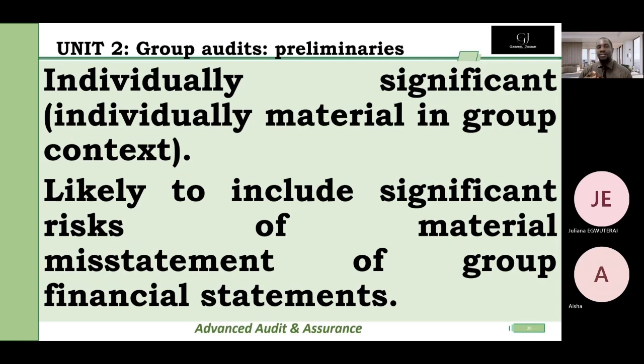Significant components include individually significant material components of the group, subsidiaries that provide a large contribution to the group, locally or globally. They also include components likely to carry a significant risk of material misstatement of the group financial statements, which is an assessment the group auditor needs to make.